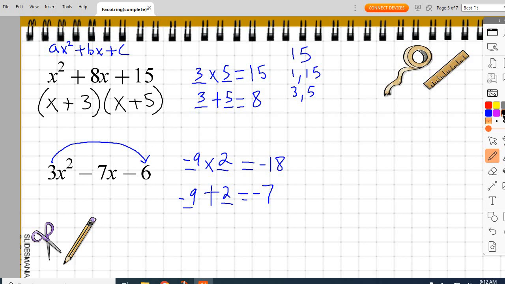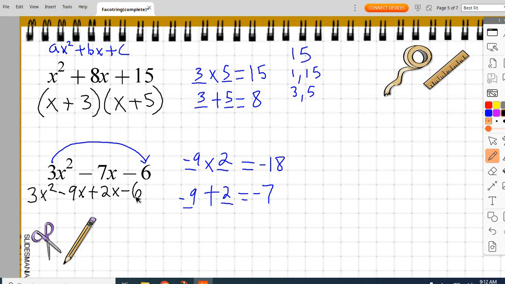Agreed? So if I add an x to all of these on this second row, we can use the negative 9 and the 2 to break apart our negative 7. So we're going to take the two numbers that we just found and use that to split apart our b value. Do we all see where I got that from?